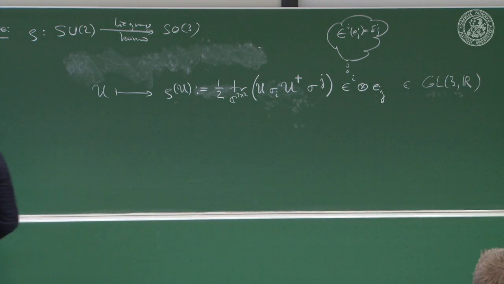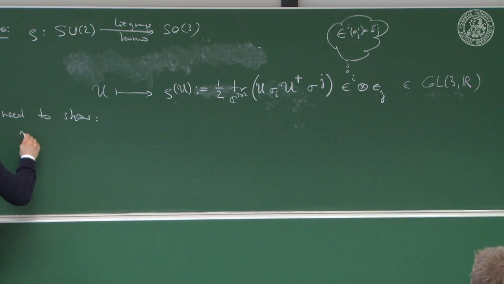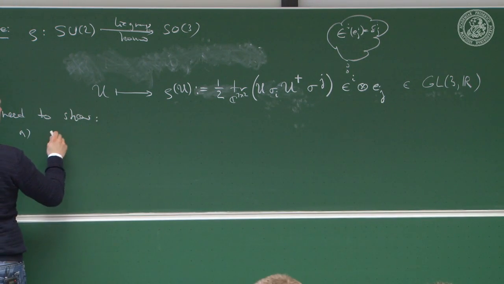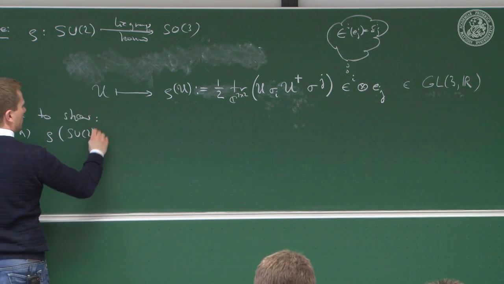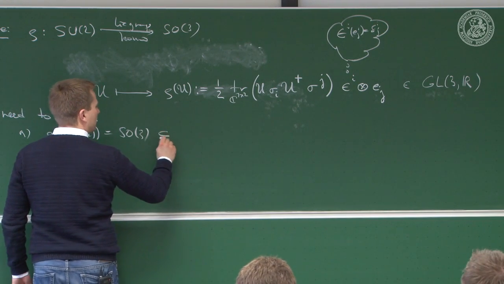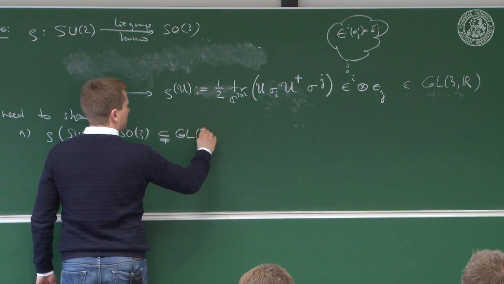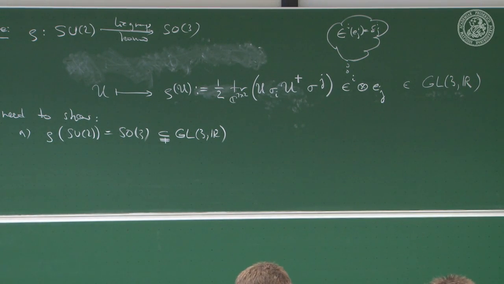So I obviously need to show a number of things. Proof: we need to show that indeed rho of SU2 only takes me to the SO3 subgroup of GL3R. So how do we do this?